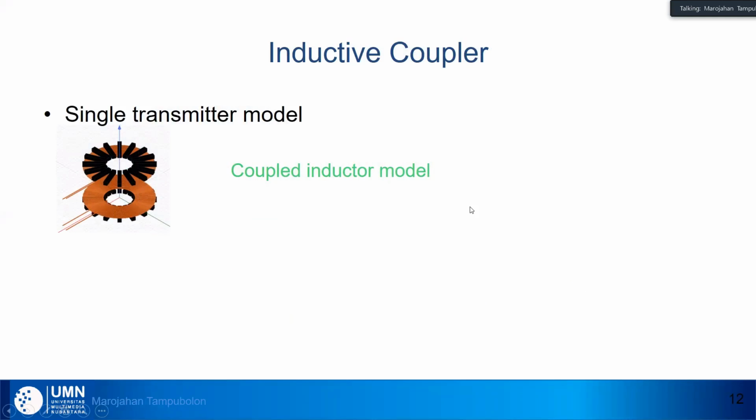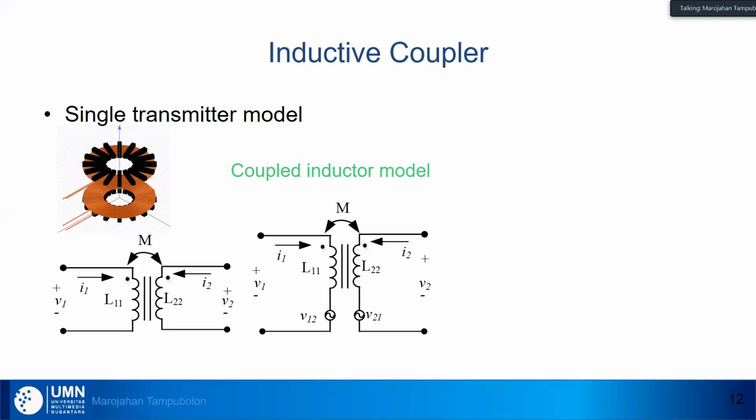Okay, this is the typical inductive coupler. We use only one coupler pair, one is a transmitter and one is the receiver. So we can model this as a mutual inductor, and we can also use a transformer model.